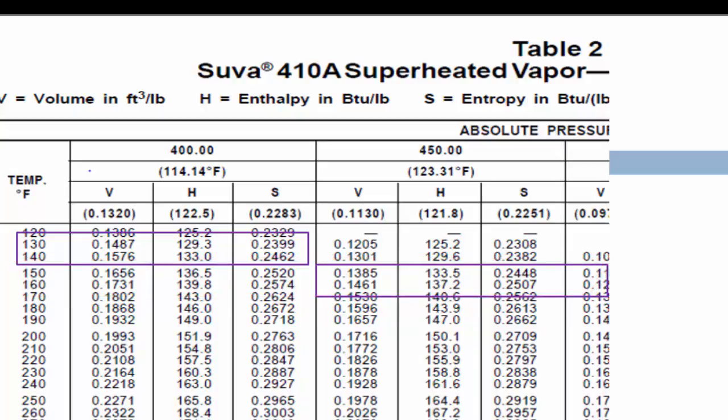And then on the 400 side, the entropy we're looking for lies between 130 and 140 degrees Fahrenheit, closer to 140.